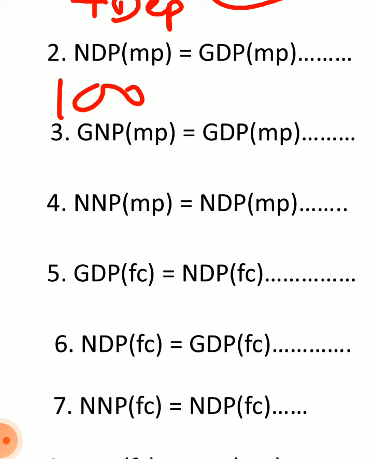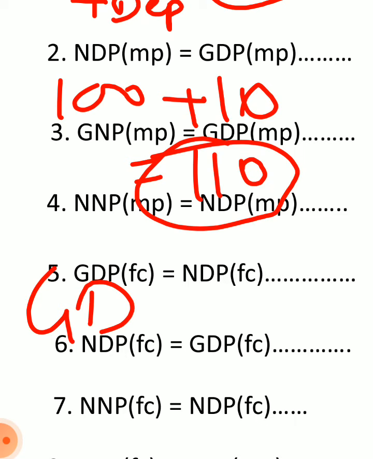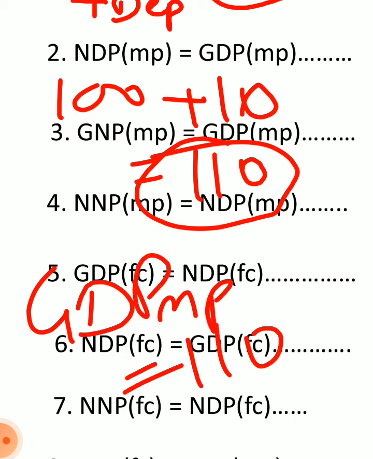So in 100 you will add rupees 10. 10 means depreciation. So what will be the answer? 110. So when you convert NDP-MP into GDP-MP, the value is 110. Okay, this is only the practice.